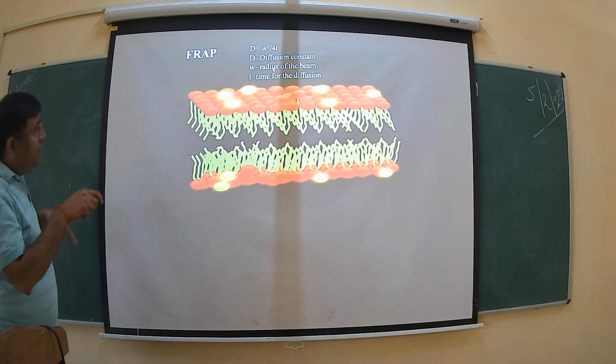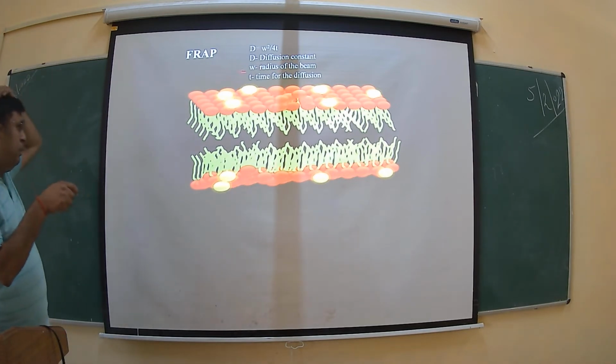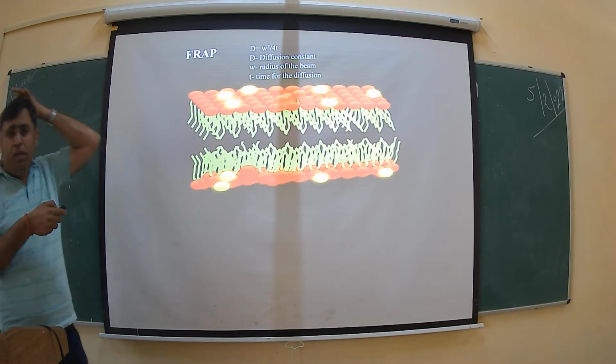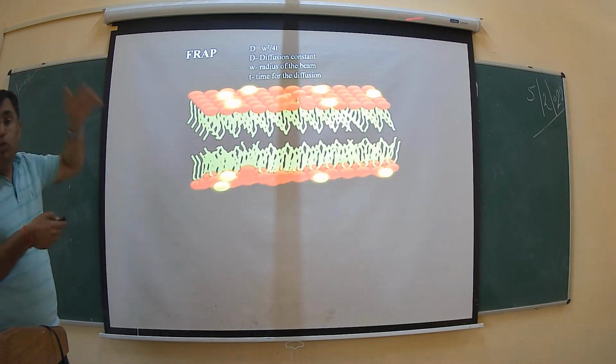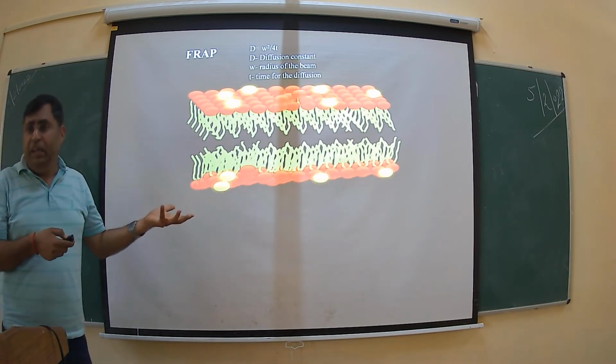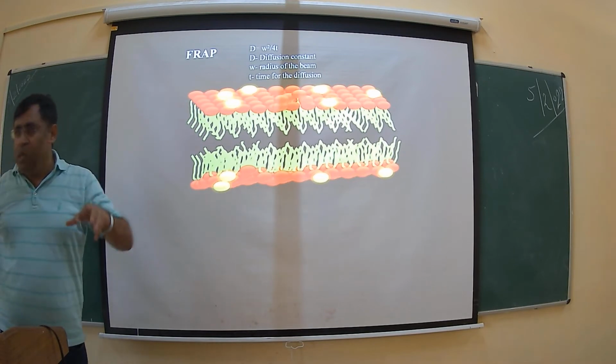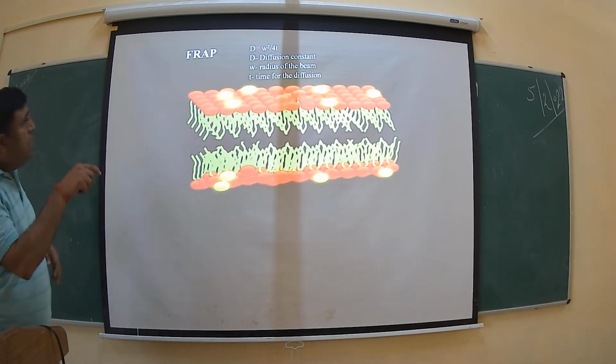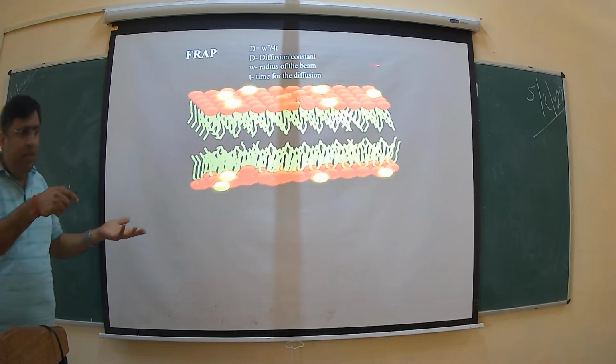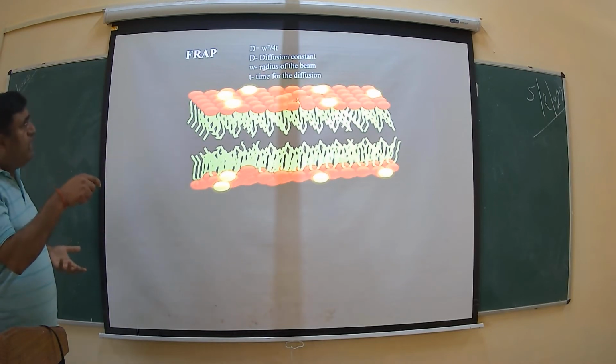There is a formula we use to measure the diffusion coefficient of a particular protein, how fast it is diffusing. So this D is the diffusion coefficient or diffusion constant. W is the radius of the beam.